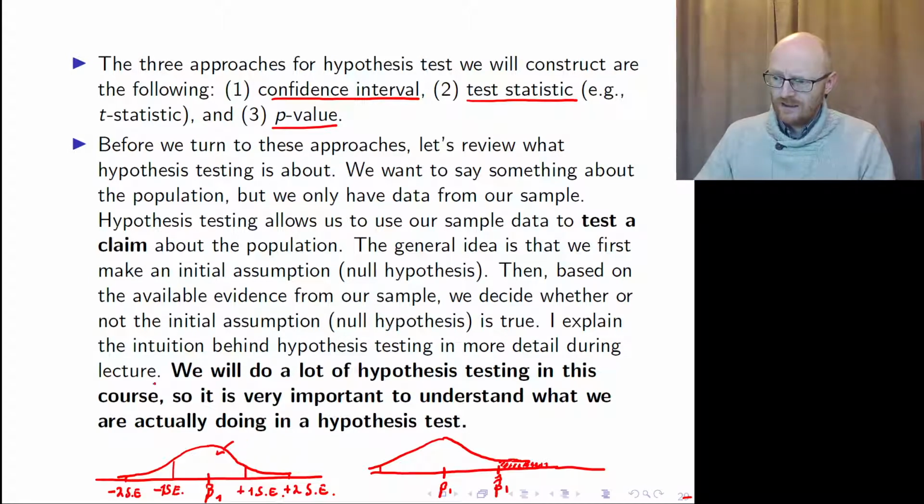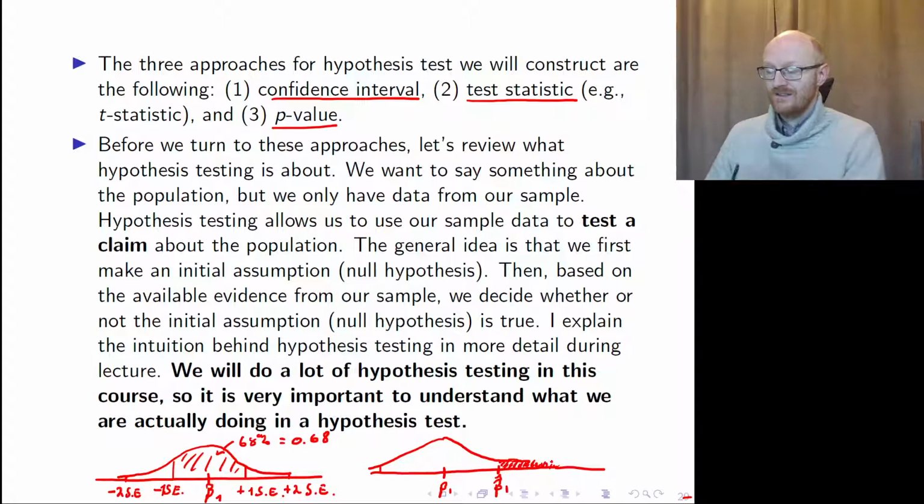So the 68% area here is just an area of 0.68, right? This area is of importance for us, it's the probability of getting something more extreme than our draw, on the positive side. It's one-sided. You can also have a two-sided test. Then you just add the areas under the curve.